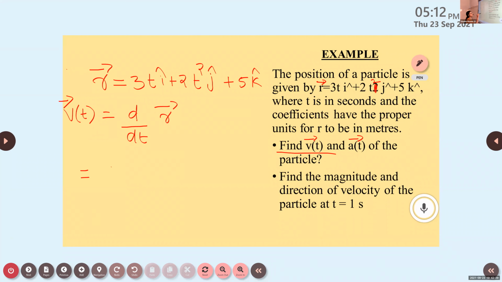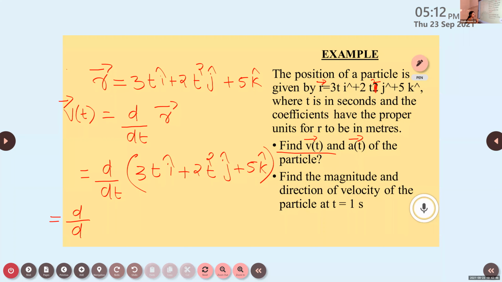That is equal to d by dt of 3t i cap plus 2t square j cap plus 5k cap. Here we need to take the derivative of this function. That is d by dt of each term: 3t i cap plus d by dt of 2t square j cap plus d by dt of 5k cap.